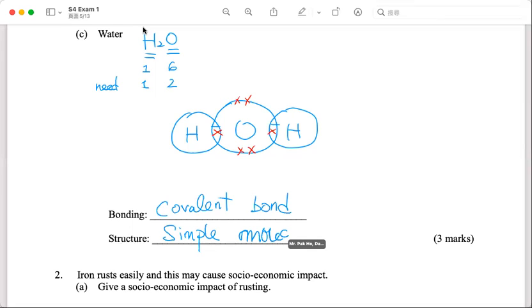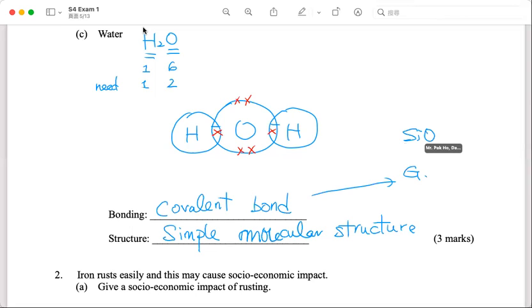So when do we have a giant covalent structure? Most covalent substances just have a simple molecular structure. But SiO2, silicon dioxide, carbon in graphite form, or carbon in diamond form have a giant covalent structure.